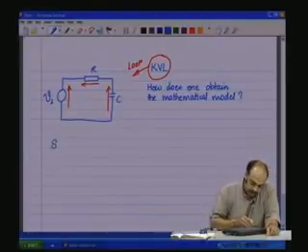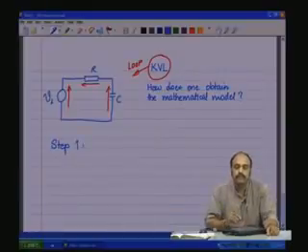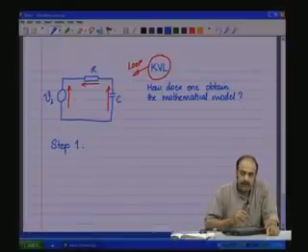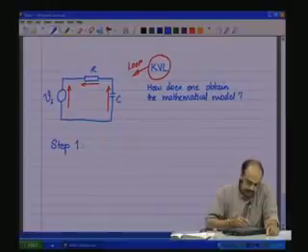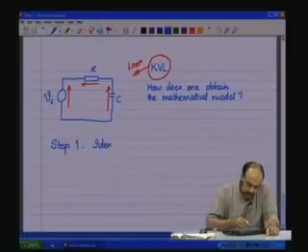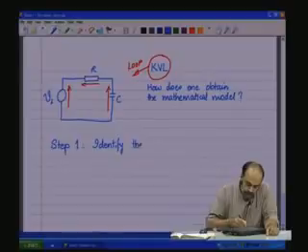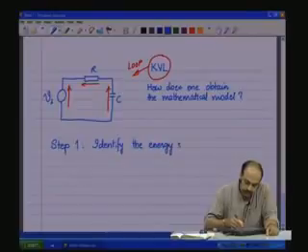Step 1: first, after having the circuit, identify the energy storing or the memory components.